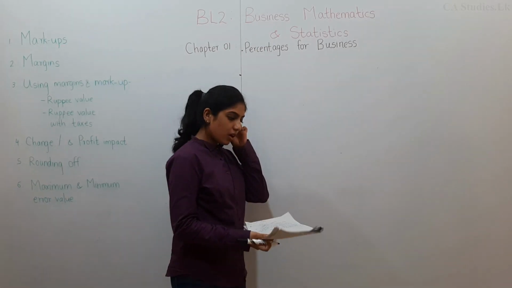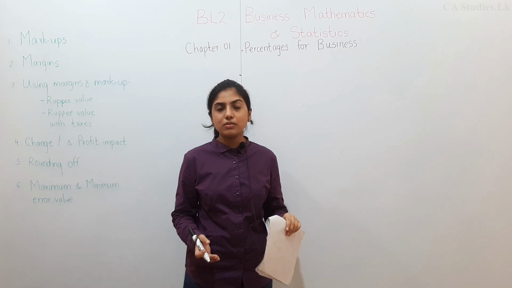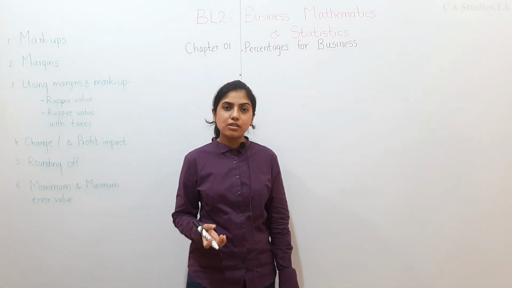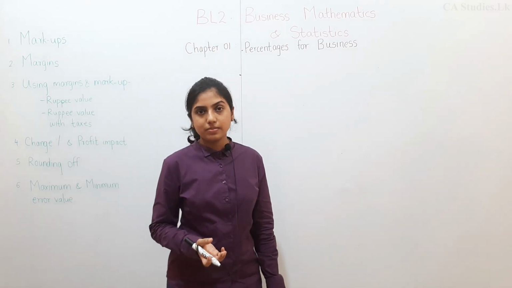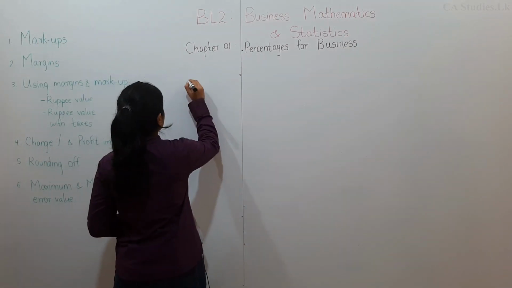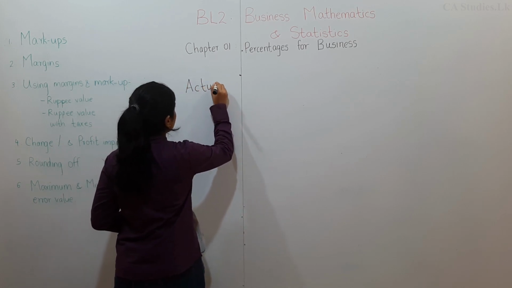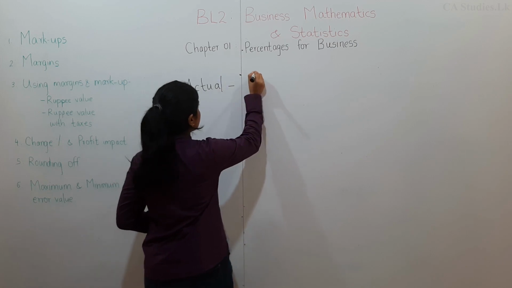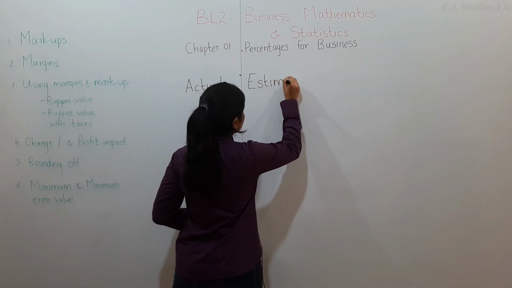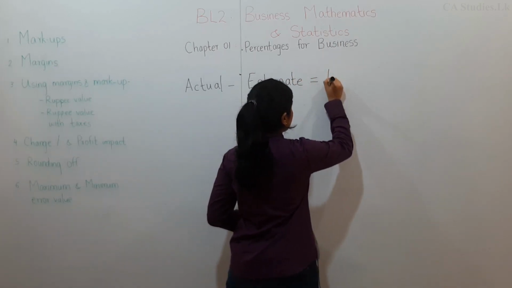Now there are some formulas that you need to remember to find the maximum error or the minimum error. So formula number 1: actual minus estimate is your maximum error value.